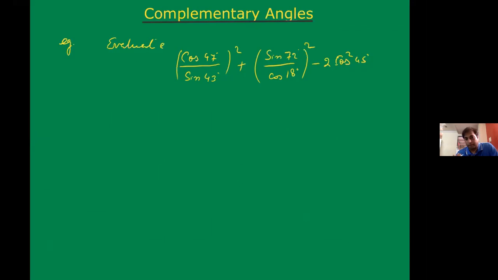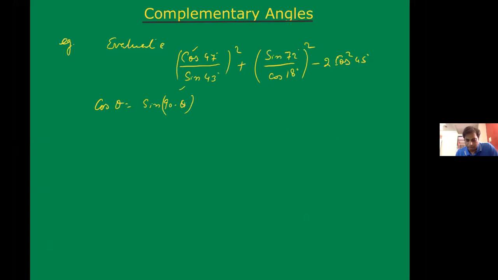If there is a complementary relationship between sine and cos, I say sin theta equals cos(90 minus theta). Whatever we take as sin theta goes to 90 minus theta with cos. So here also I am seeing the relationship between cos and sine. We know that cos theta equals sin(90 minus theta).